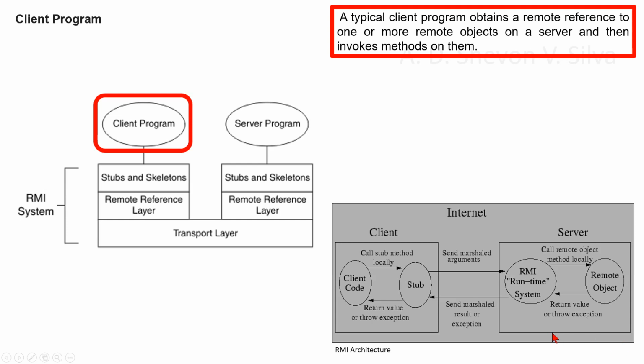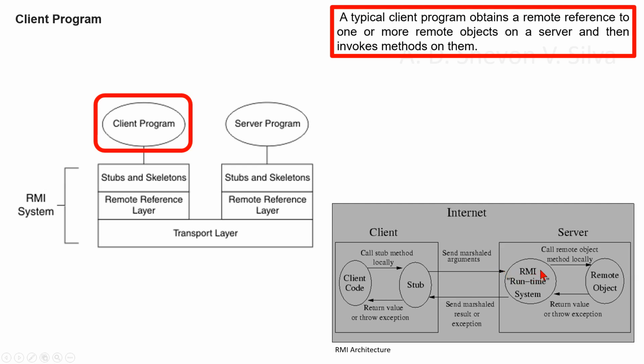Here you can see the client, and the client code and stub are inside the client, and you can see the server here. The RMI runtime system and remote objects are inside the server. Here the client code calls the stub method locally, and the stub marshals arguments.